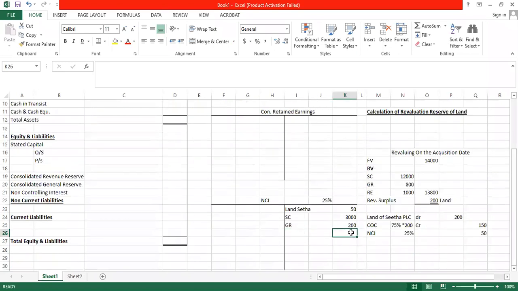This is the remaining 250 here, right? But if so, you have to do the adjustment. Therefore, it's easy if you take the total retained earnings in the balance sheet. It's 1,600, right? Retained earnings.